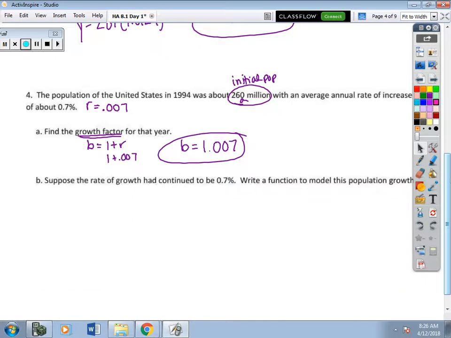Suppose that the rate continues to be 0.7%, write a function. So again, we'll be writing our exponential function, a times b to the x, using our initial population of 260, times b, which we found out was 1.007, to the x power. And usually I put parentheses around it because it just helps to group that and put it all to the same exponent.